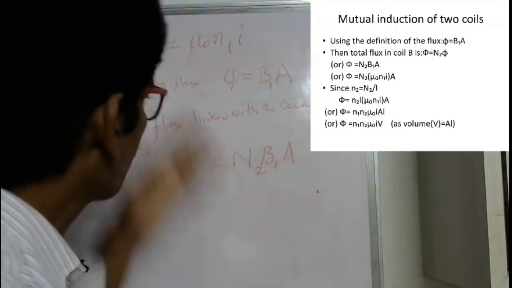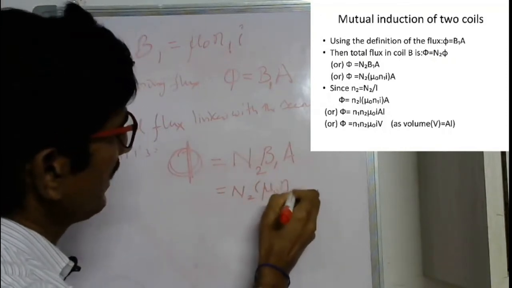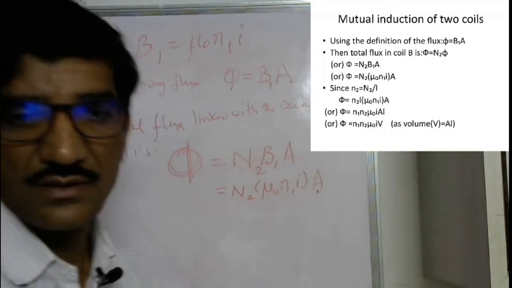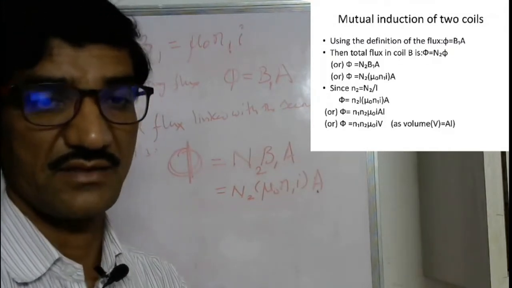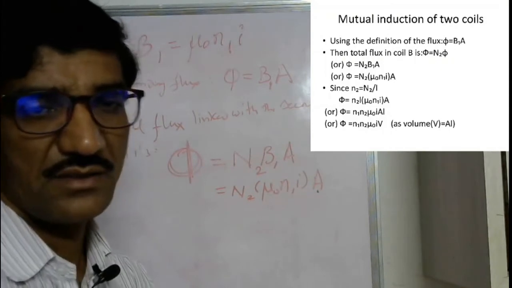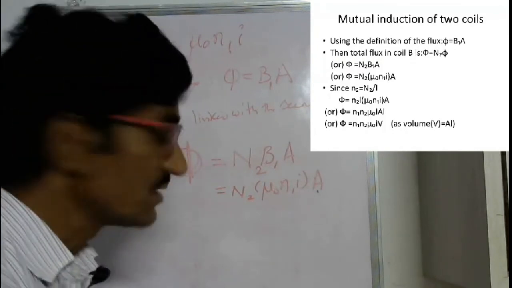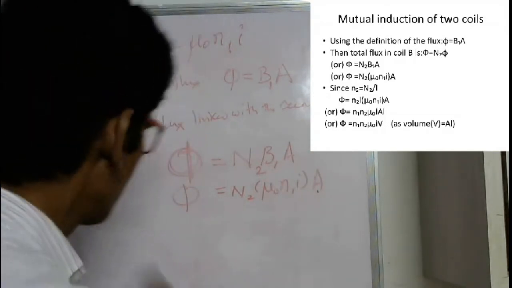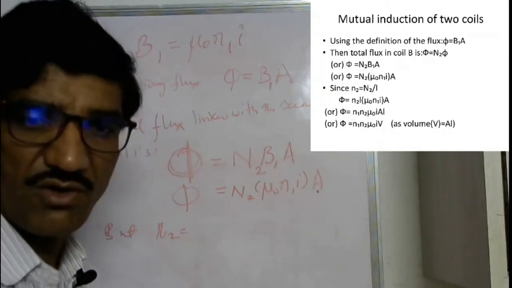Now let us substitute for B1 here: N2 mu naught n1 I into A. Now let us consider the number of turns per unit length of coil 2. We have assumed these quantities to be n1 and n2 for the first and second coils. But small n2 is equal to how much?